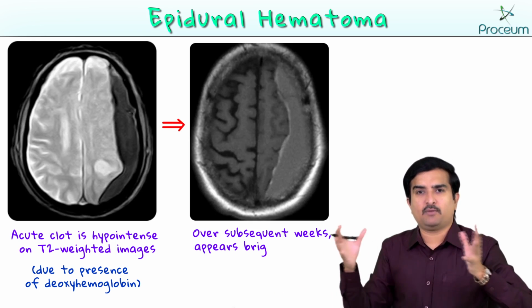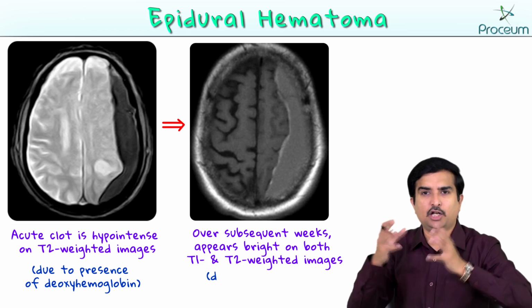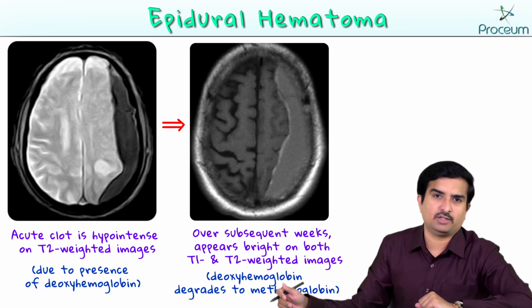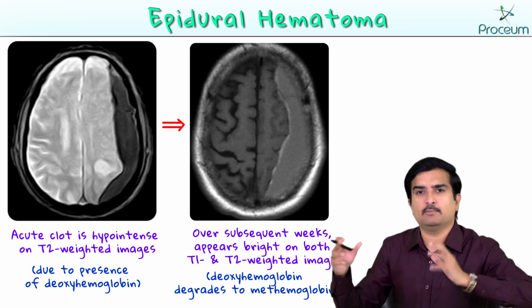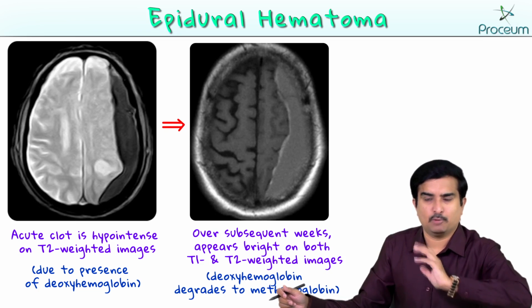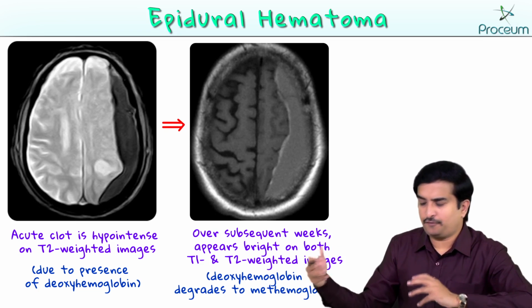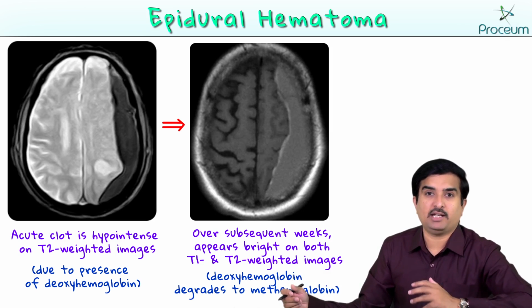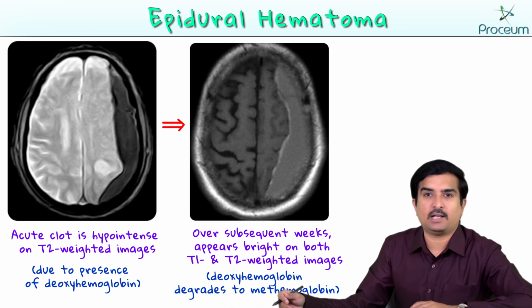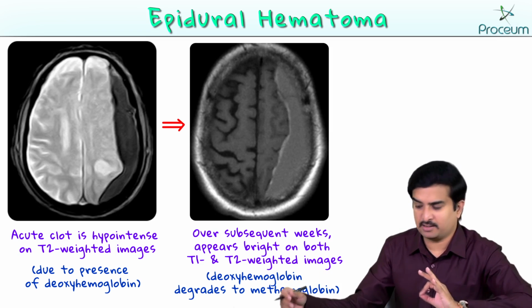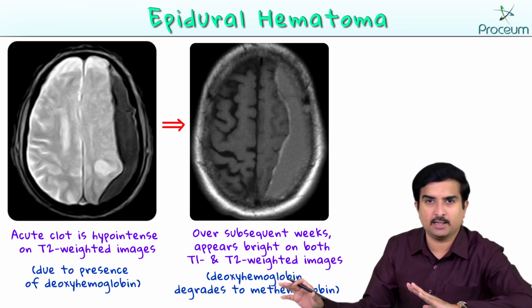Over the subsequent weeks, generally what happens is the deoxyhemoglobin concentration is going to decrease, because the deoxyhemoglobin changes to methemoglobin, right? After this, it appears bright on both T1 and T2 weighted images. That is what you are seeing in this picture very clearly, right?